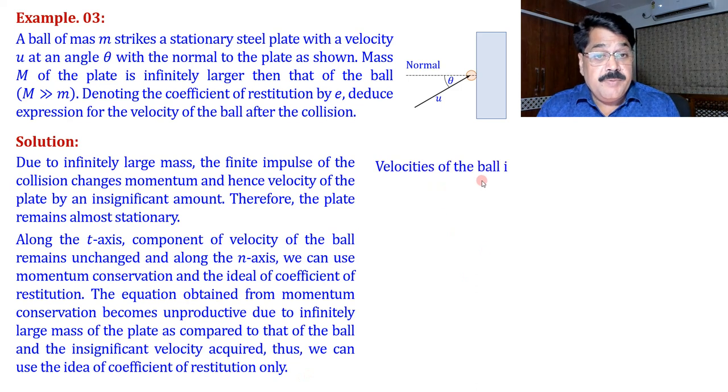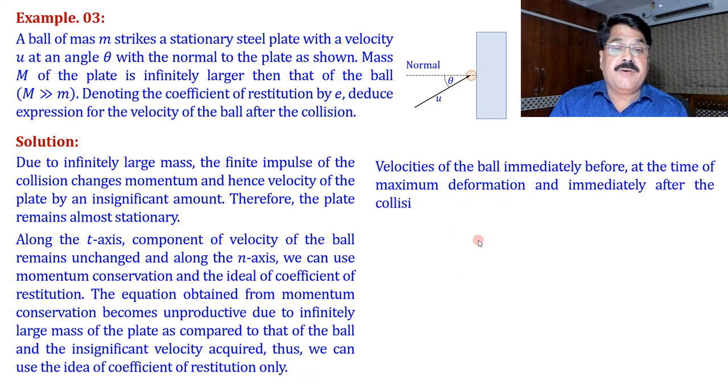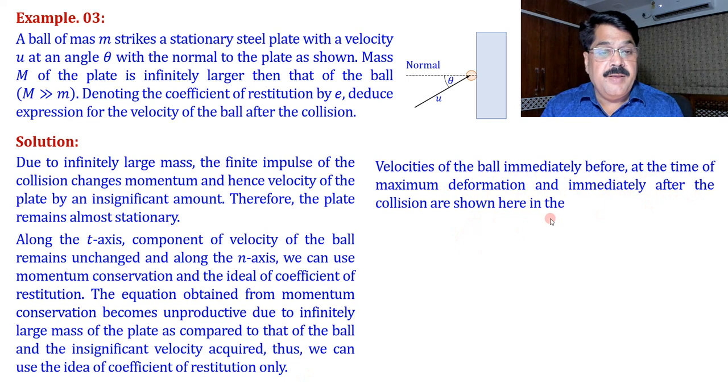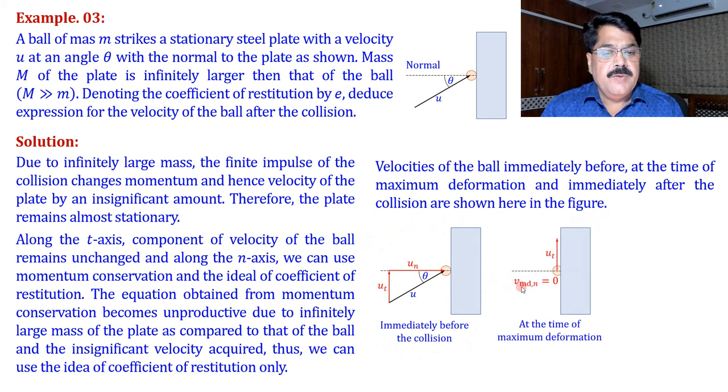The velocity of the ball immediately before, at the time of maximum deformation, and immediately after the collision are shown here in the figure. So here is the situation immediately before the collision. So it is ut and un; ut will be u sin theta and un will be u cos theta. At the time of maximum deformation, the normal component of velocity will be equal to that of the plate, so it will be almost zero.